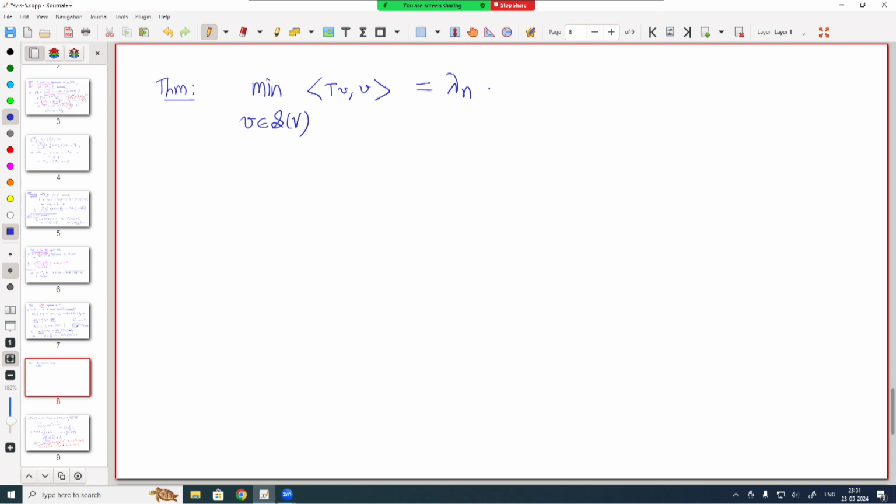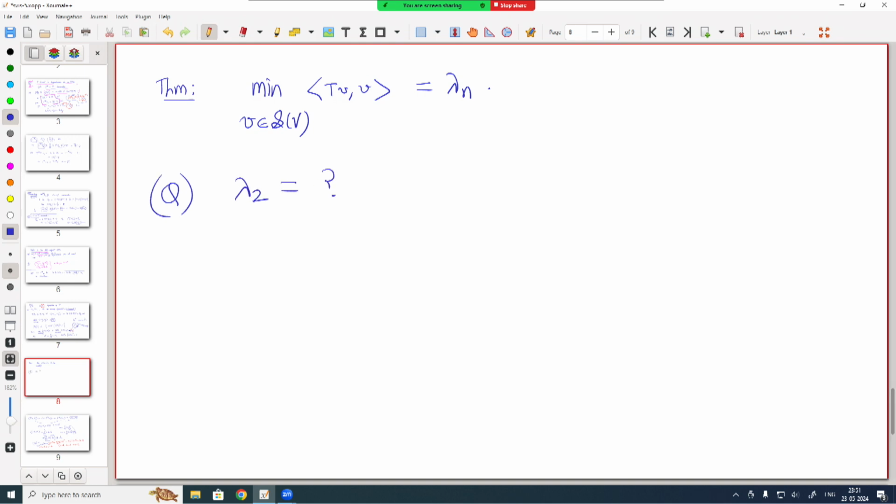Now the interesting and important thing for many applications is how you get the other eigenvalues. That's something that actually arises in applications. So the question now is the following: lambda 1 and lambda n I know how to get.